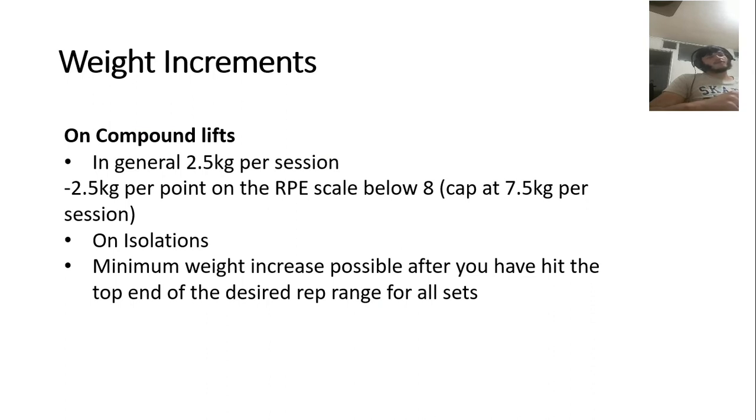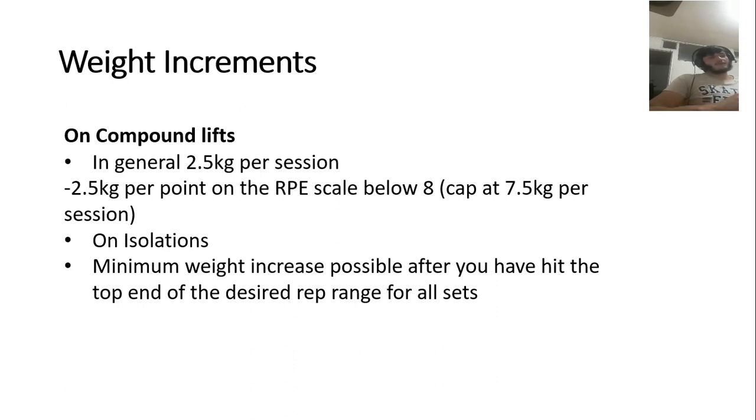Now when it comes to weight increments for compound lifts, as a rule of thumb, if you are not familiar with the RPE scale, 2.5 kilograms per session in general. That's in total, by the way, so 1.25 kilograms per side. I highly recommend you get microplates if you don't have them, because they're going to be really useful here.